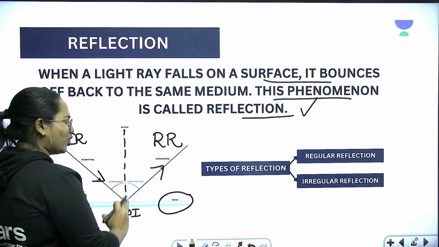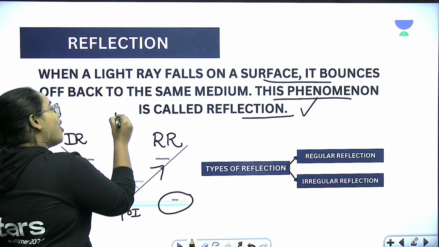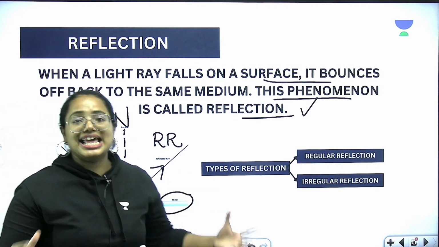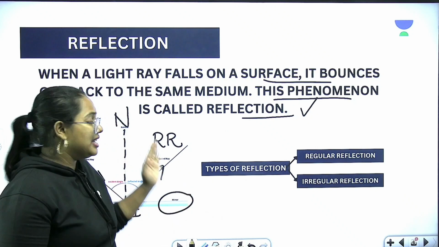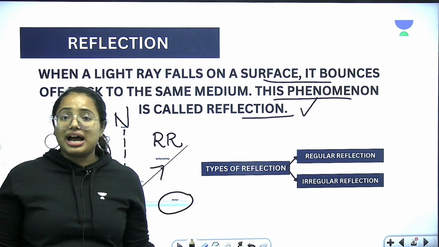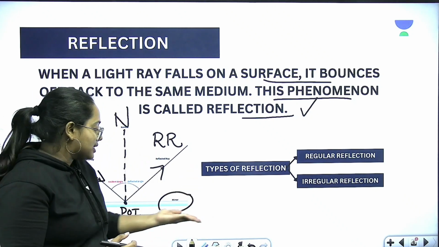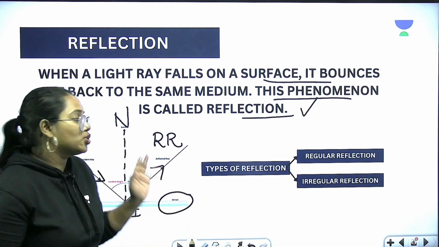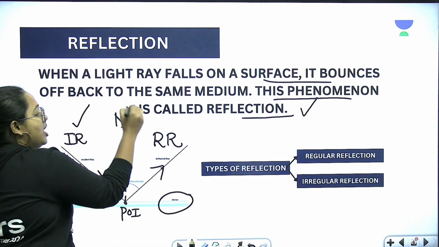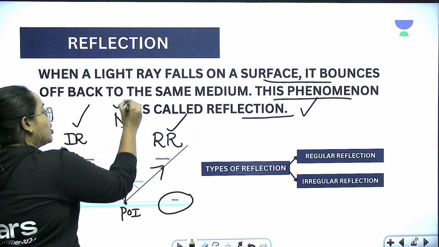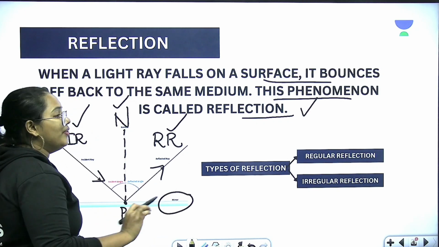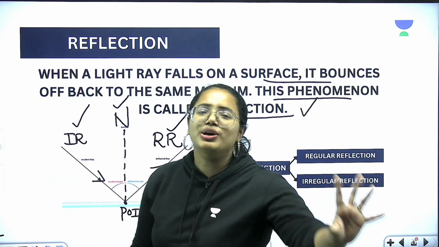What is this dotted line? It is the normal, represented with the letter N. Normal is an imaginary line which is perpendicular to the surface itself. Clear? So we know what is incident ray, what is reflected ray, and what is normal. Now we are going to learn something very important. What is that?